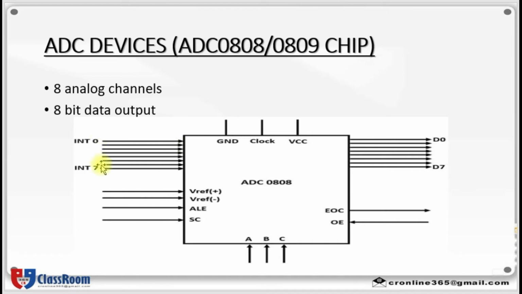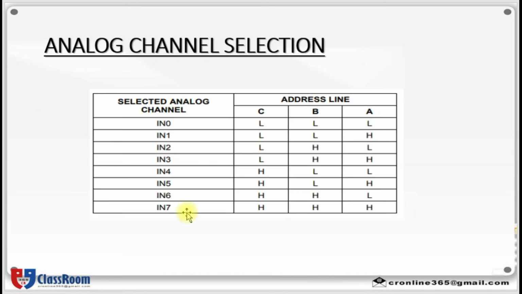These 8 analog input channels, that is IN0 to IN7, are multiplexed and selected according to these 3 address pins ABC by means of analog channel selection. So you can see analog channel selection first.